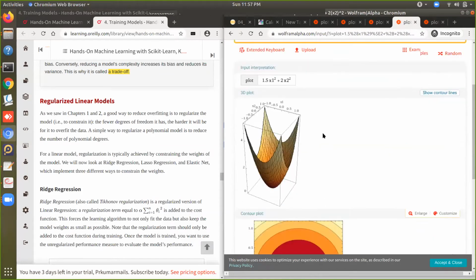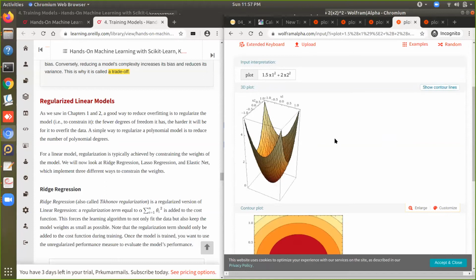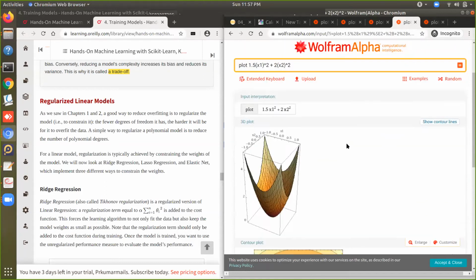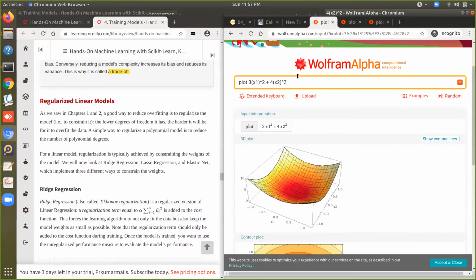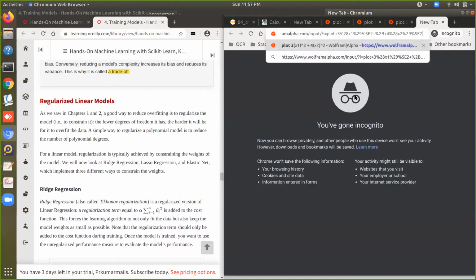it will be somewhat multi-dimensional, and it will change at a somewhat higher level. Yeah, 3x1 square plus 4x2 square we are getting.